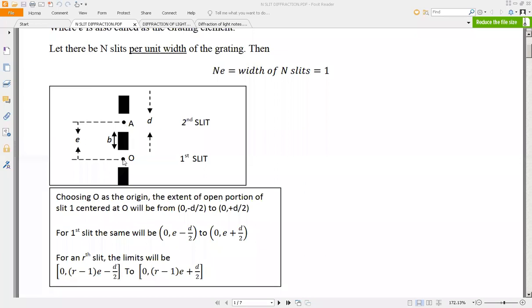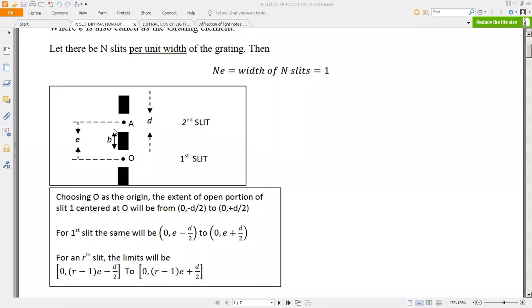Then, in terms of small b and small d, what is the length OA? Can somebody respond? OA is e, I am asking you in terms of b and d. In terms of b and d, what is OA? Not in terms of e. No, d is not the answer. Please think.